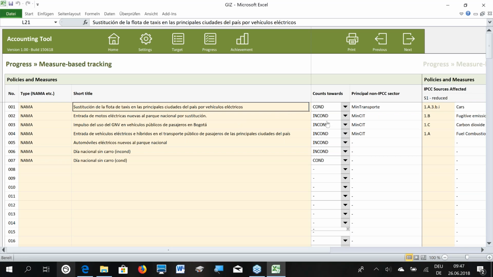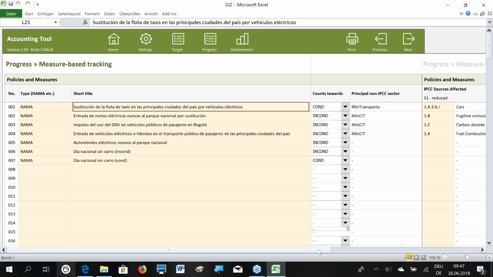And such an assignment is not always possible, or basically it will always be complicated, because you will have measures that mitigate in one sector but increase emissions in another sector.